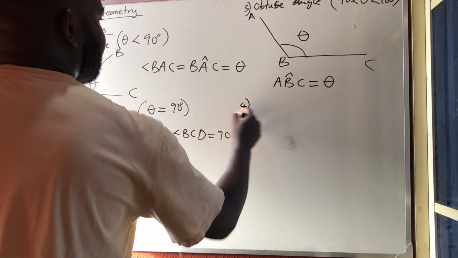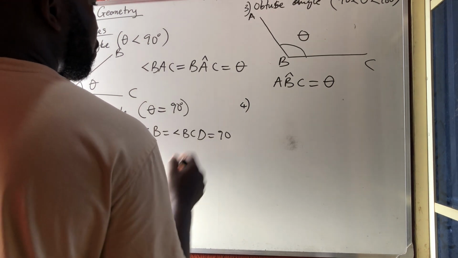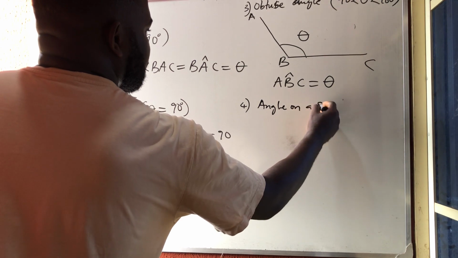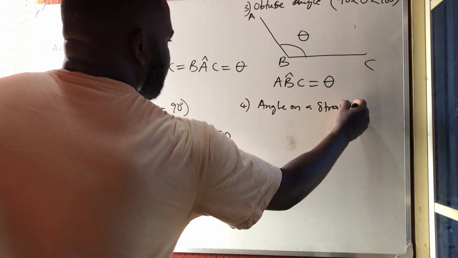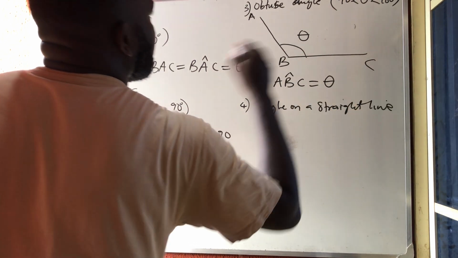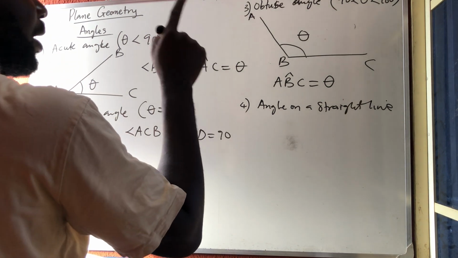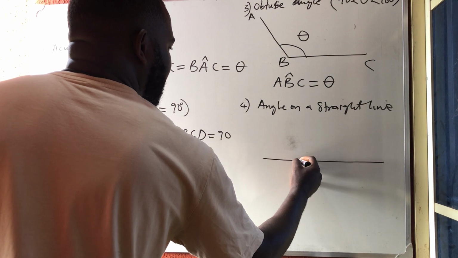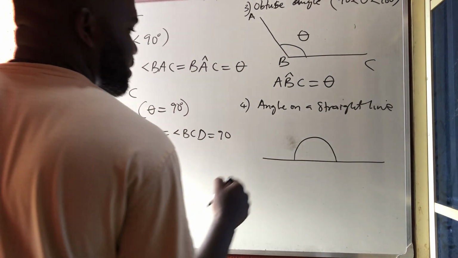The fourth one is angle on a straight line. Since the one we did previously is less than 180, let's talk about the one that is equal to 180. It is always an angle on a straight line, and it forms a semicircle.